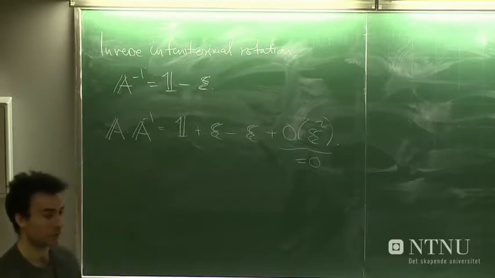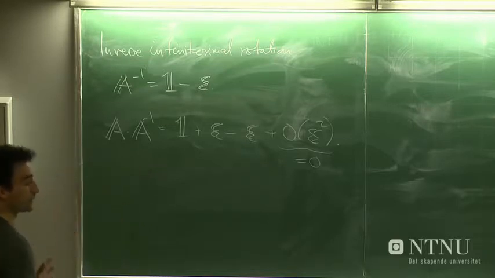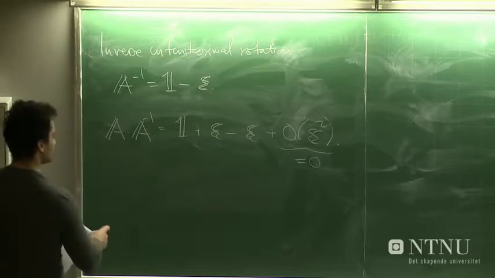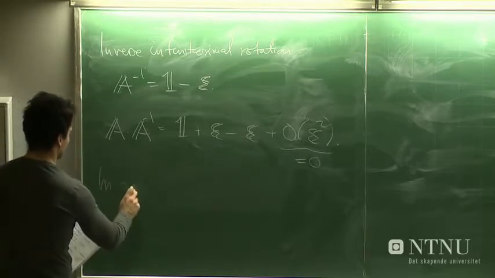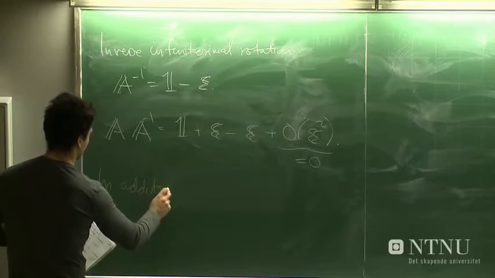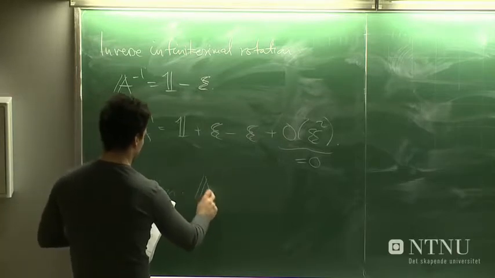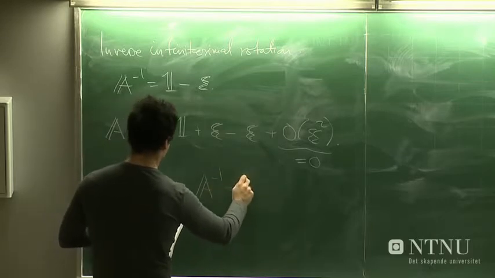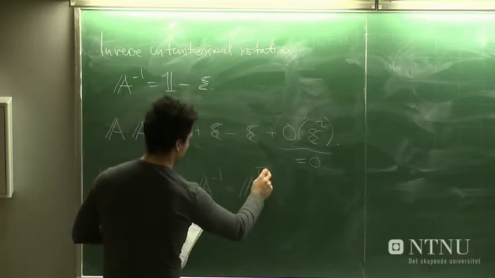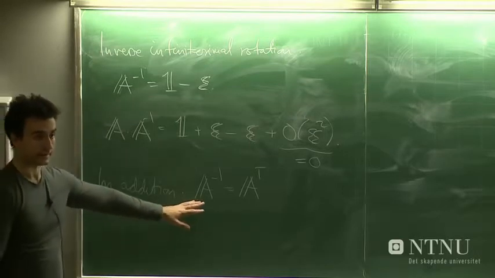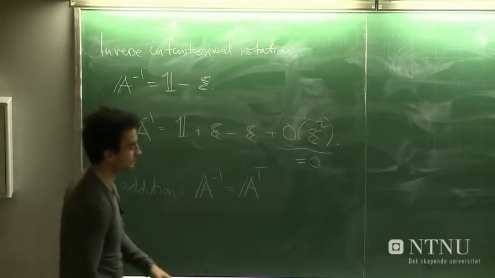Now we do know one more thing about orthogonal transformations in general, and that is that the inverse of the matrix should be equal to its transpose. And so let's see what kind of consequences this has for our epsilon matrix.